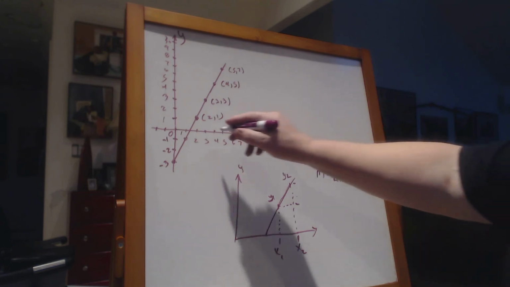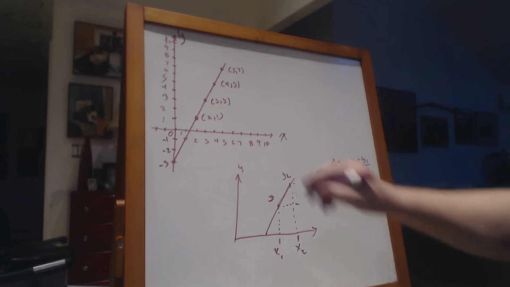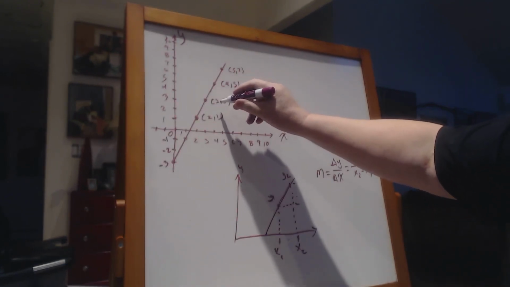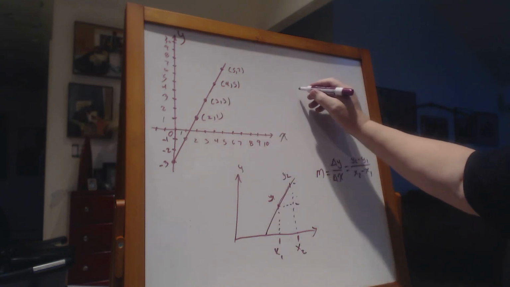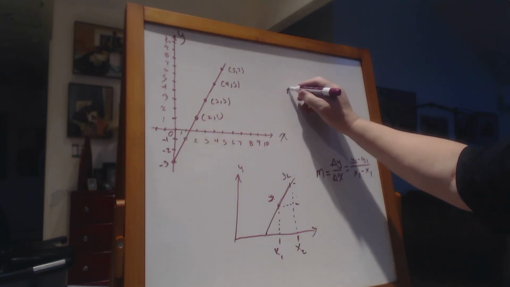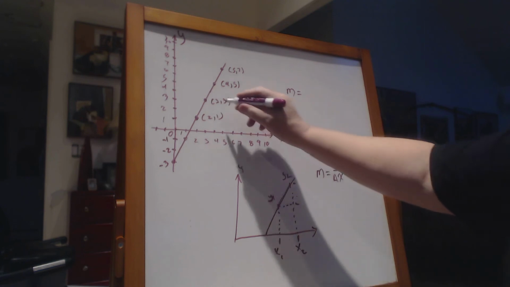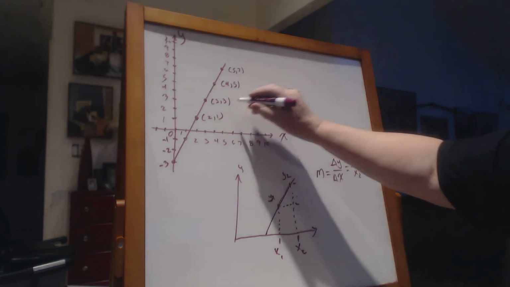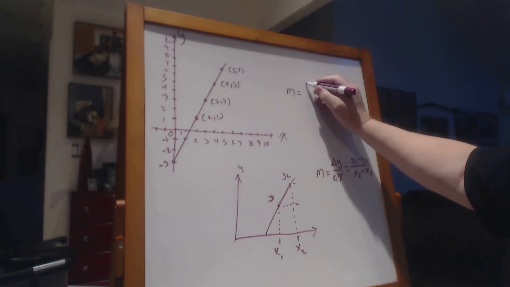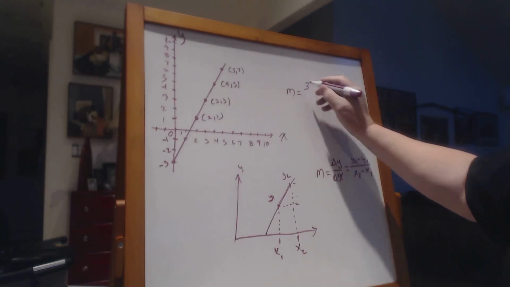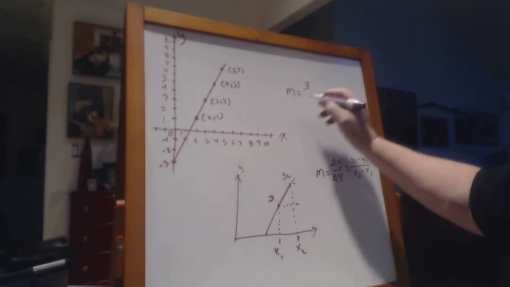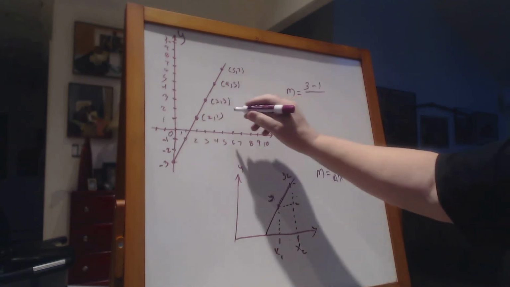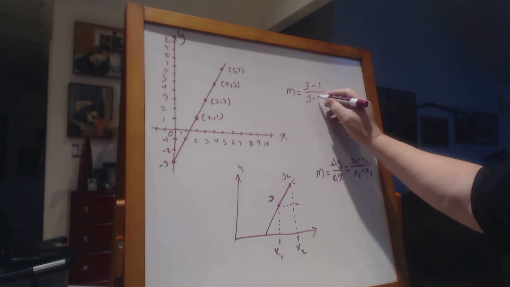And in this case, we're going to look at m here. So when x is 3, y is 3. When x is 2, y is 1.